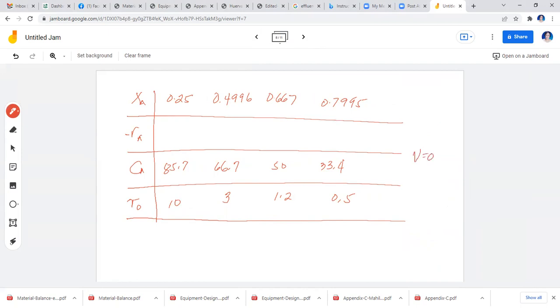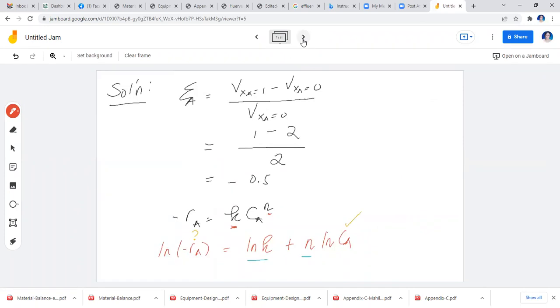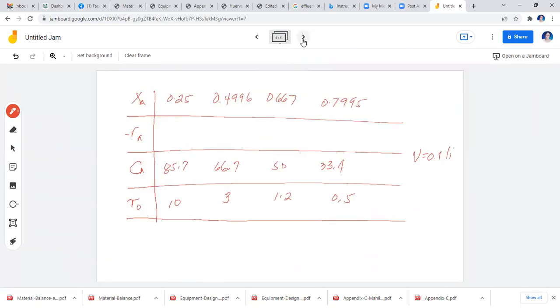The volume is 0.1 liter. Your volume is in liter. Your volumetric flow rate is in liter per hour. So your rate should be in millimole per liter per hour. Okay. Millimole per liter per hour. That should be your rate.